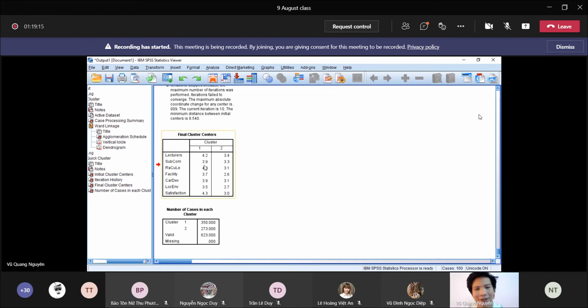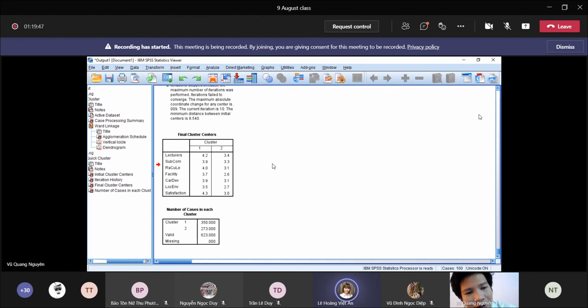So what are the characteristics of cluster 1 and cluster 2 here? Can you say? So I think that the characteristic of cluster 1 is a combination of people who are the most satisfied in all factors.